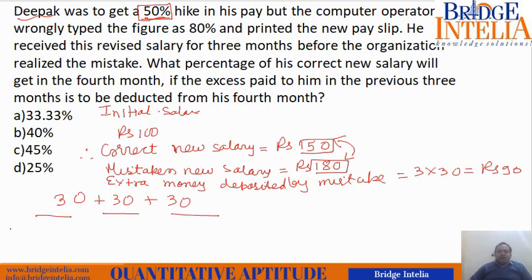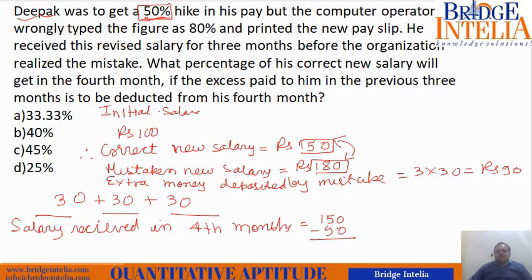So in the fourth month, the salary received will be equal to how much? This 90 rupees extra will have to be deducted from his actual salary. So 150 minus 90. In the fourth month, he is going to get only rupees 60, because that extra 90 rupees has to be taken back.